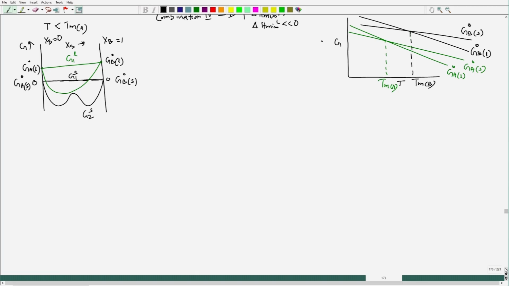So, this is at temperature T1, let us say.